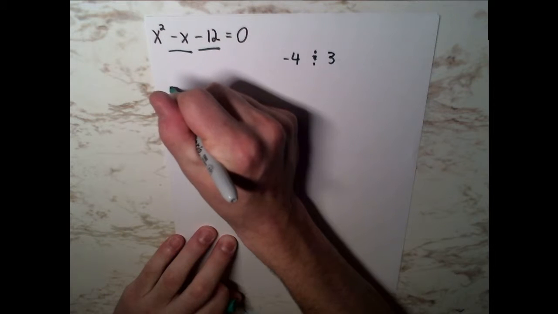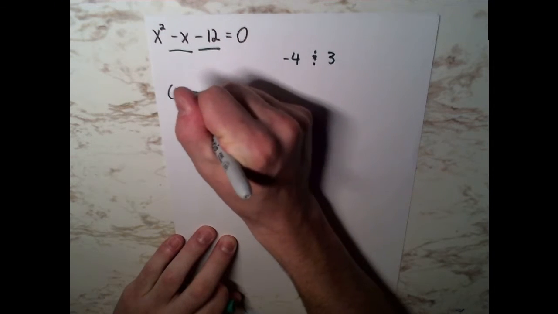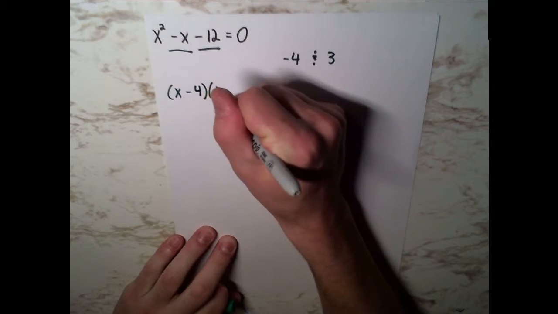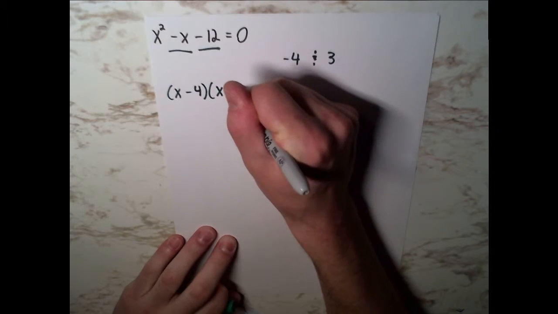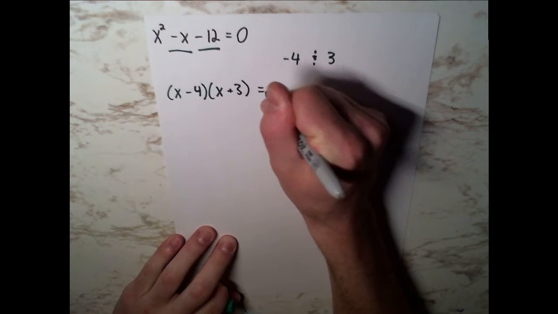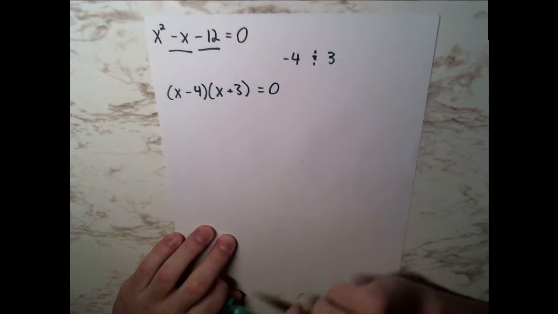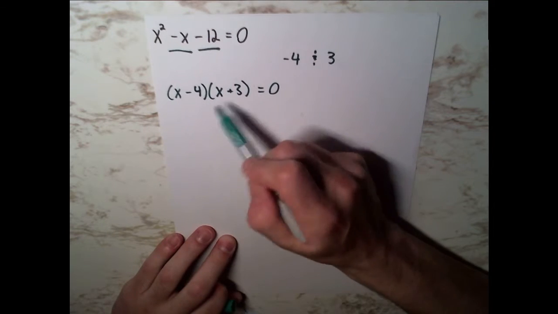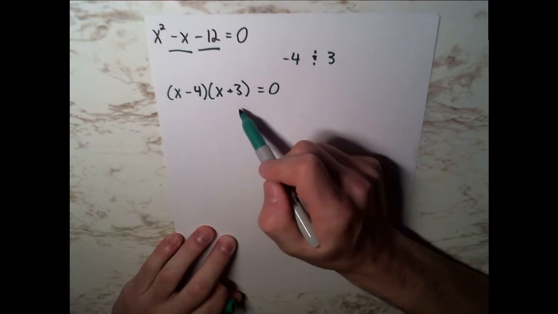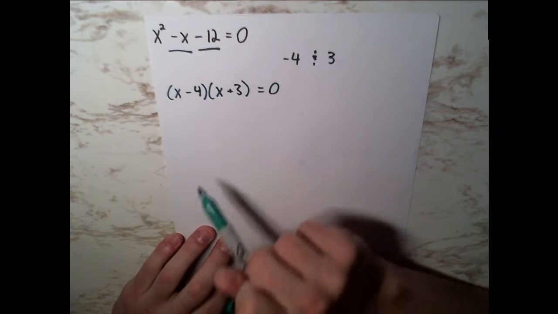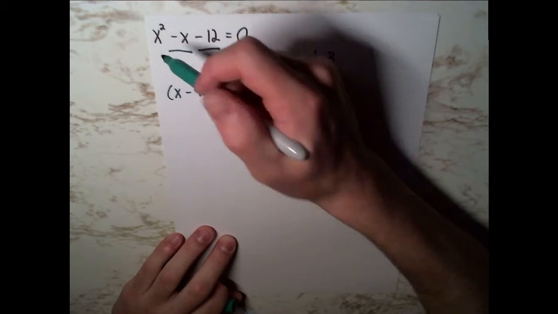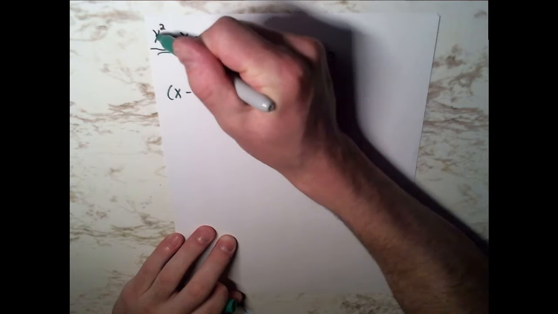So this is going to factor down to x minus 4 multiplied by x plus 3, and all that's equal to 0. We could FOIL this back out to check our work and verify that when it is FOILed out, we get back this quadratic up top.